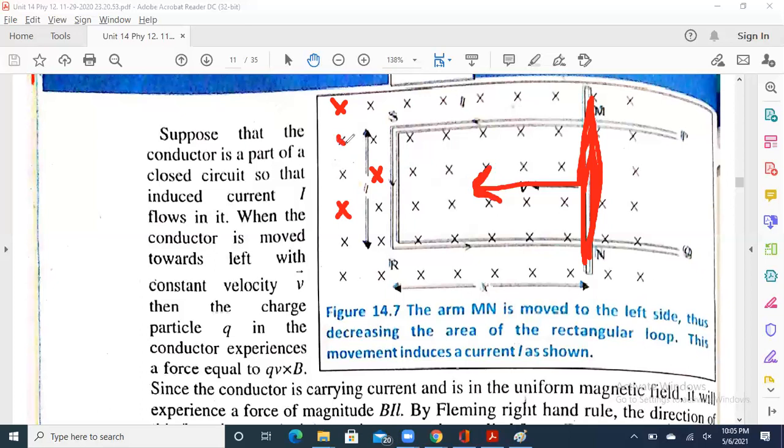So these crosses are representing this situation. So cross means the magnetic field is into the paper, into the screen. Into means the magnetic field is directed from front toward the back.